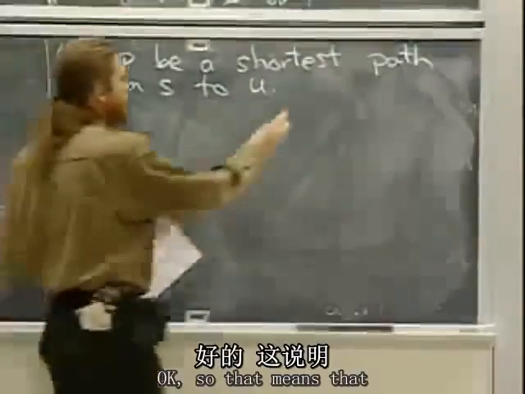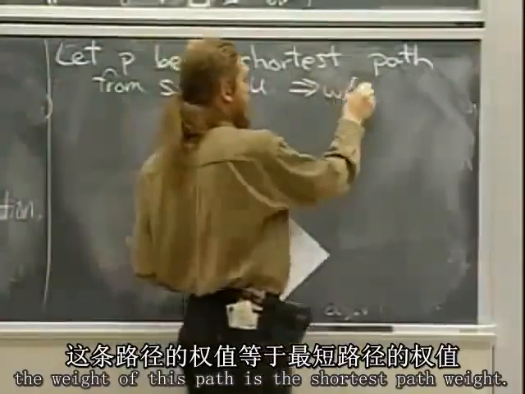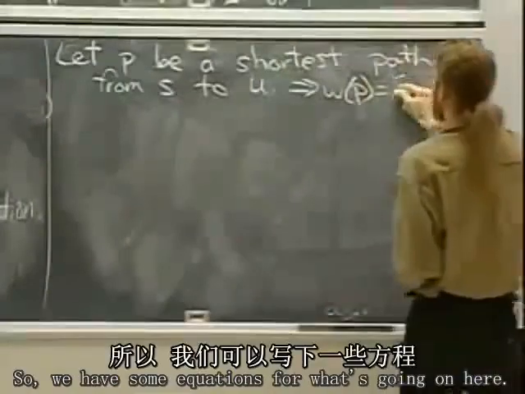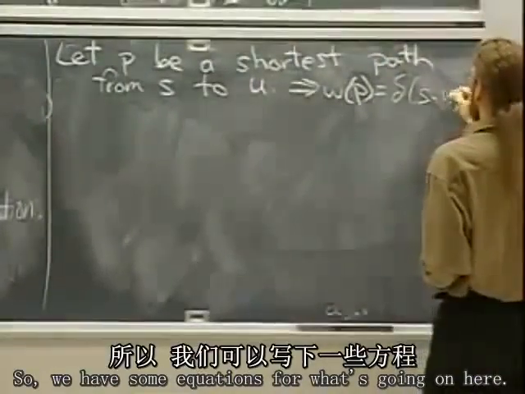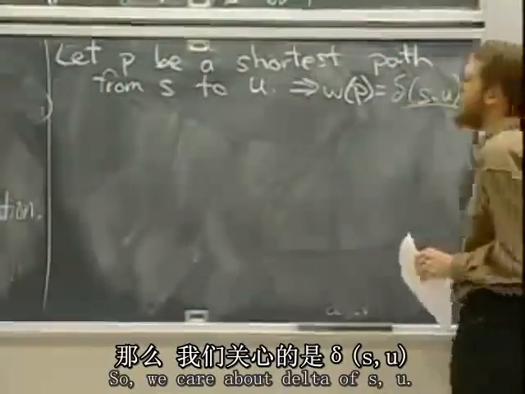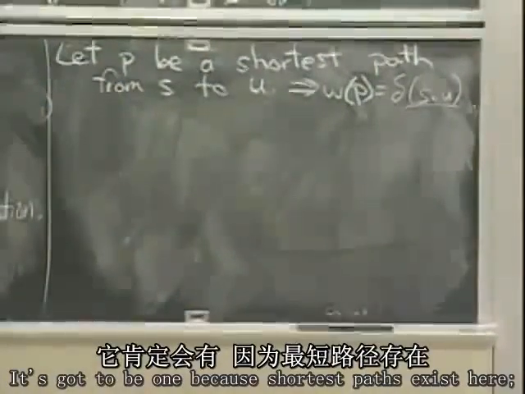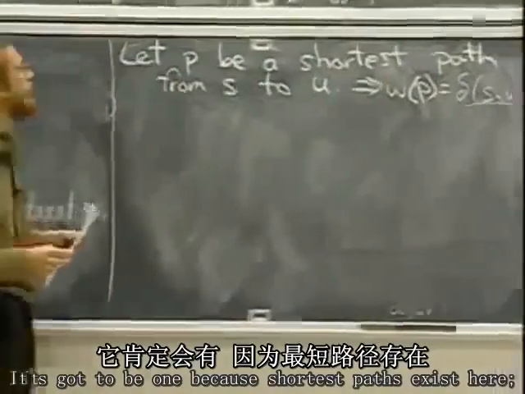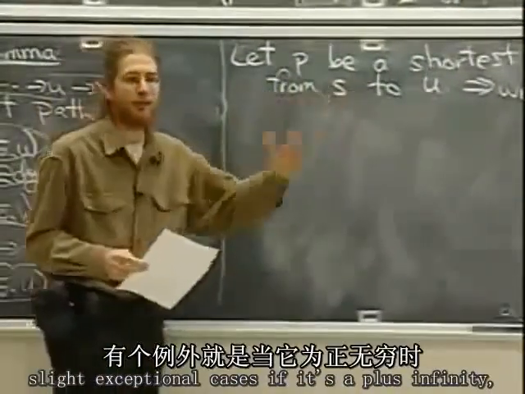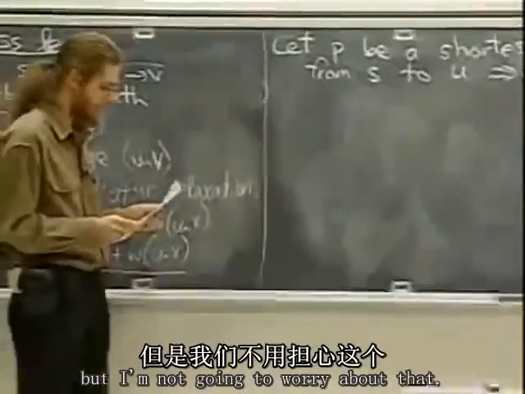That means that the weight of this path is the shortest path weight, so we have some equations for what's going on here. So we care about delta of s u. Here's a path with that weight. It's got to exist here. Slight exceptional cases if it's a plus infinity, but I'm not going to worry about that.